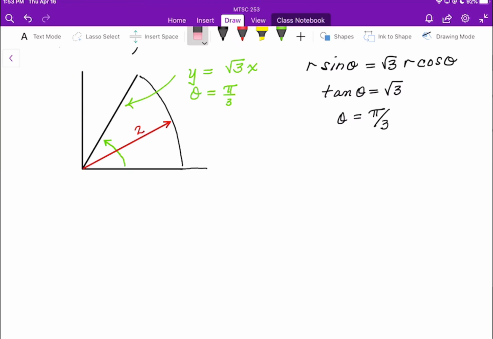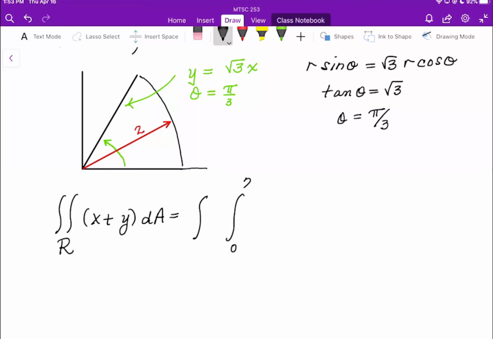I get that the integral over the region of x plus y dA, well, I can see that r goes from 0 to 2 and theta goes from 0 to pi over 3. X becomes r cosine theta plus r sine theta. And now I have r dr d theta.